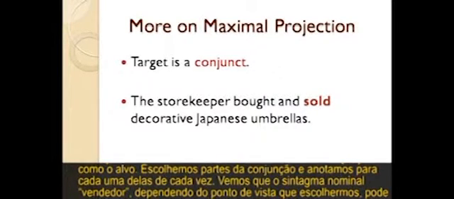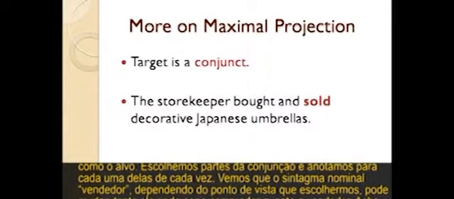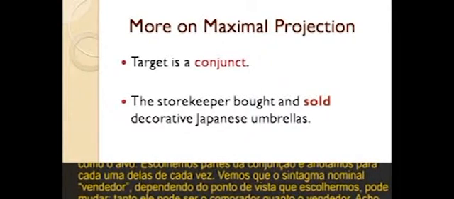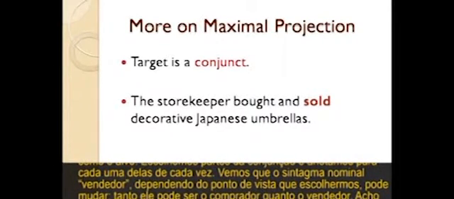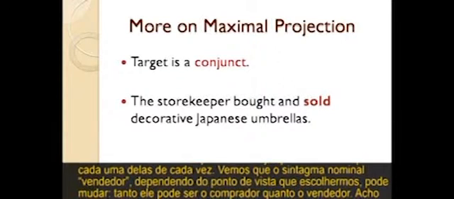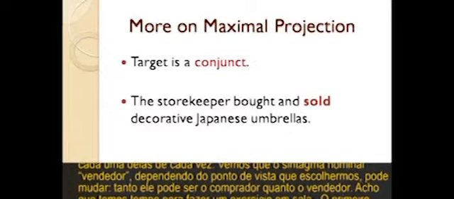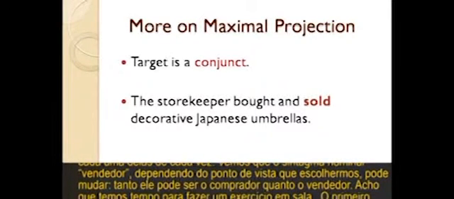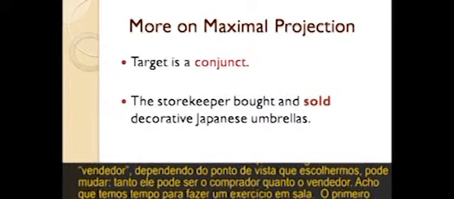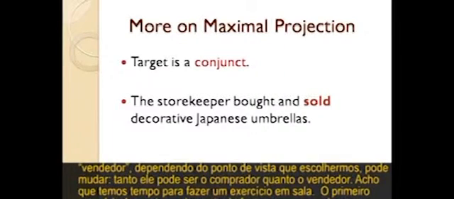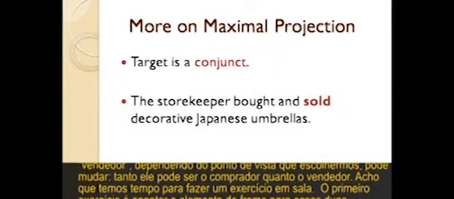We choose pieces of the conjunct and annotate with respect to that one piece of the conjunct at a time. So we see that the noun phrase, the storekeeper, depending on whose perspective we're taking, could either be the buyer or the seller.